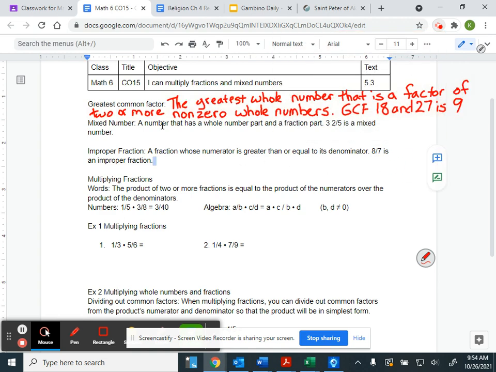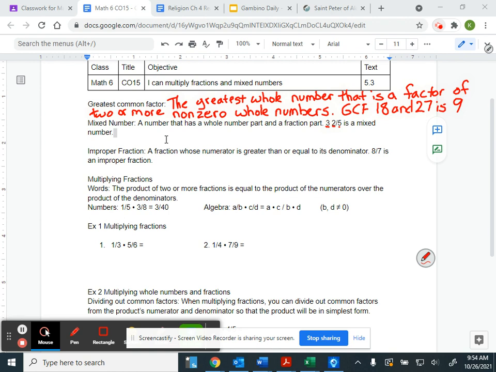Okay, so next is the mixed number. A mixed number is a number that has a whole number part and a fraction part. 3 and 2/5 is a mixed number. We have the whole number and the fraction. An improper fraction is a fraction whose numerator is greater than or equal to its denominator. 8/7 is an improper fraction.